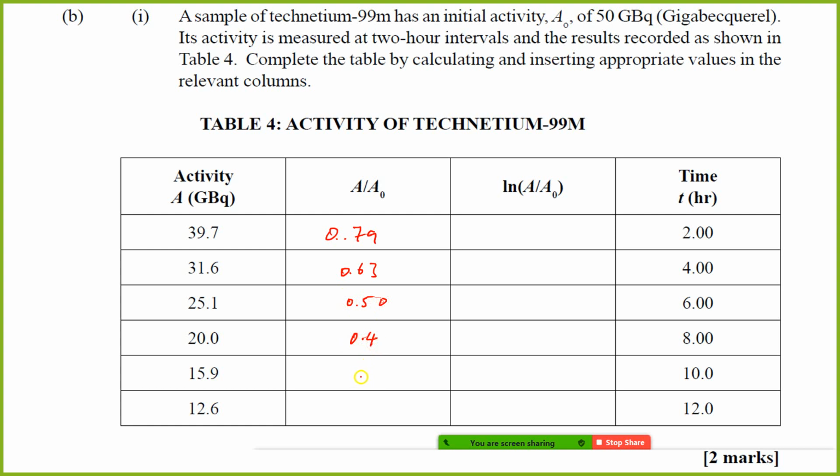I think this is what we have here. If I missed out anything, let me know. So the next thing for us to do is to ln these values, right? So that ln button on your calculator, you will hit that button, then you put in the value 0.79.